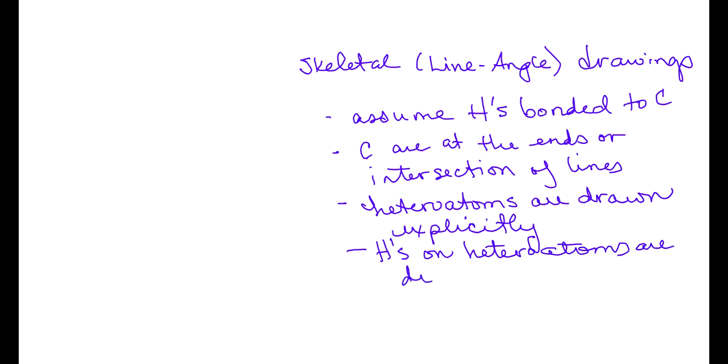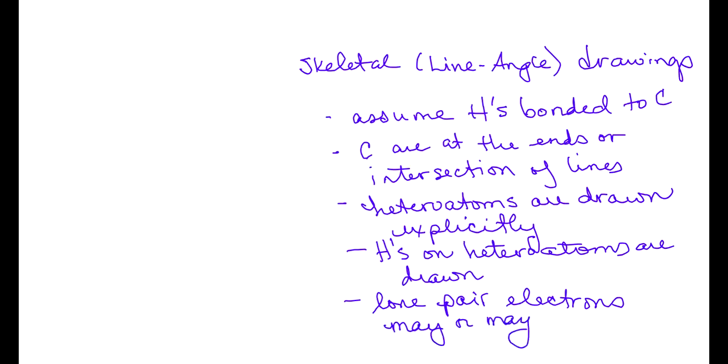Lone pair electrons may or may not be drawn. Okay, my preference is to have them drawn. Okay, so what does this mean?